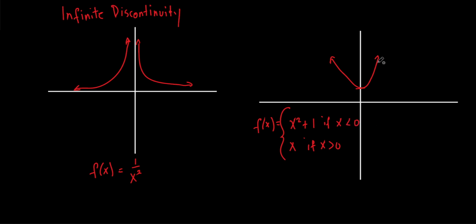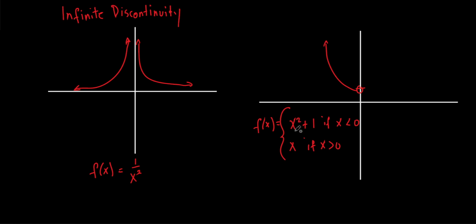So what part can I not put in here? This right side, I cannot include. So really I'm only including what? And it's open, correct? It's open because it can't be equal to 0, so really it's only the left half of the parabola.